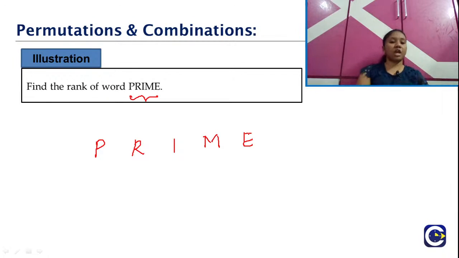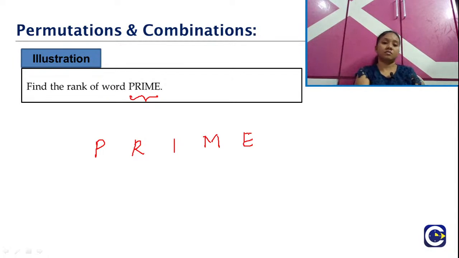Same procedure you have to follow and let me know the rank of the given word prime. Just recall the steps that we have followed for our previous word, that is mother.